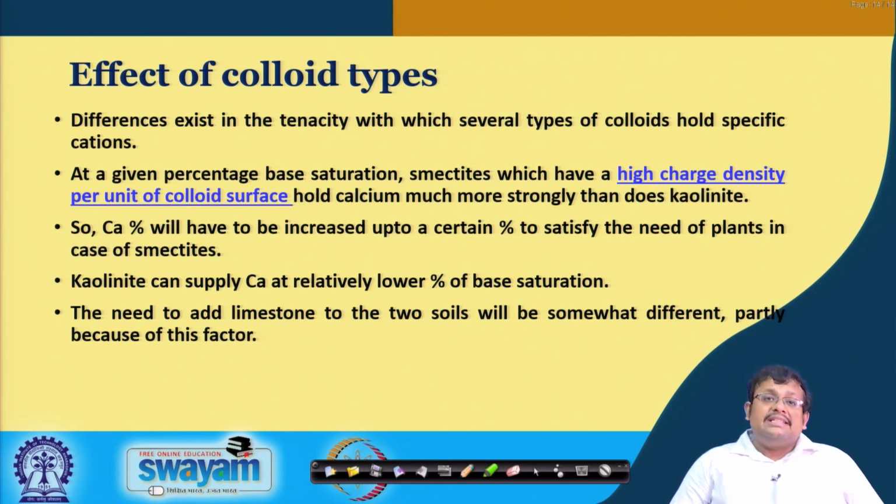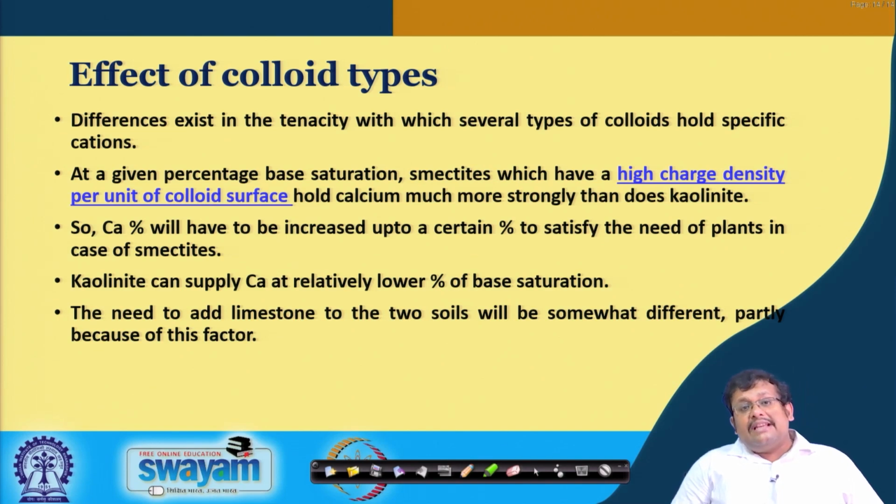So, due to the higher charge density, they can attract this calcium cation more strongly than does kaolinite, because they have limited cation exchange capacity. So, calcium percent will have to be increased up to a certain percent to satisfy the need of plants in case of smectite. Obviously, we have to apply more calcium in case of a soil which is dominated by smectite, because smectite has more attracting power for the calcium than other soil.